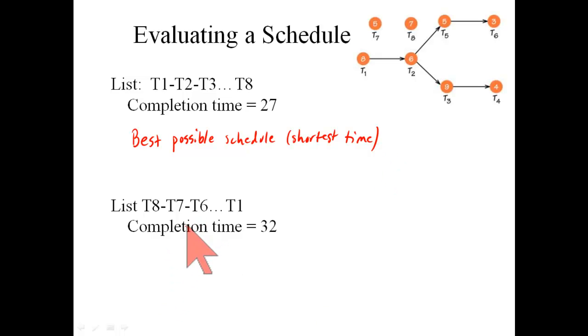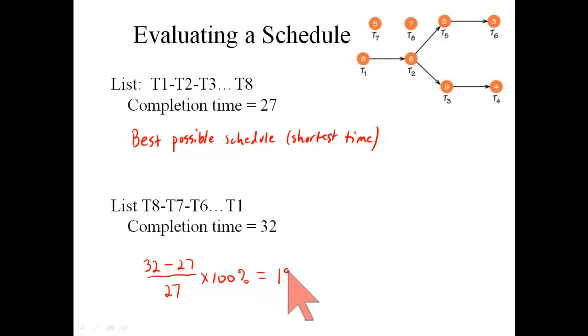For high order prioritization, we got a completion time of 32. Let's do our actual minus optimal divided by optimal to convert to a percentage beyond optimal. So 32 minus 27, what we got with this prioritization, minus the best possible, divided by the best possible, convert to a percentage.